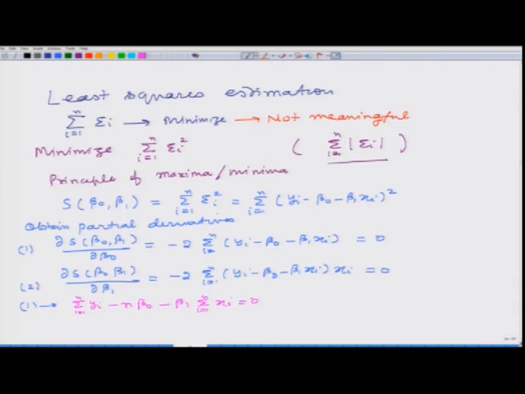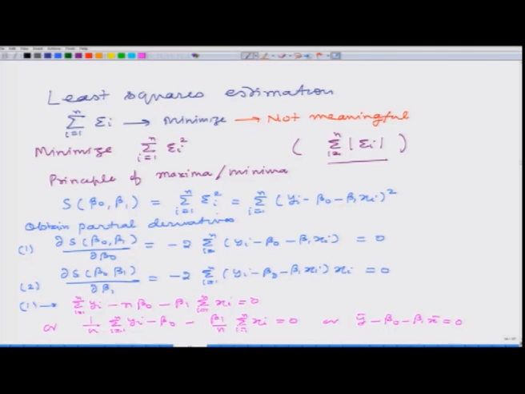Or I can write this as y bar minus beta 0 minus beta 1 x bar equal to 0.